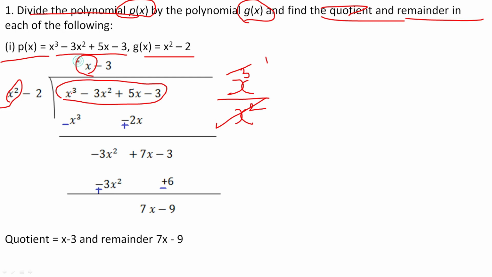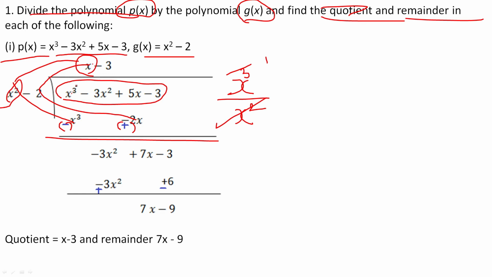Now x multiplied by x square gives x power 3, and x into the second term, minus 2, gives minus 2x. Afterwards it is just ordinary division: change the sign. If it is plus, put the minus sign; if it is minus, you put the opposite sign, plus.